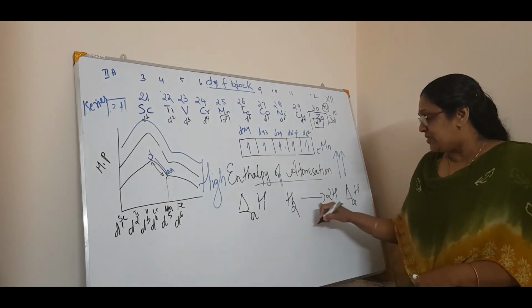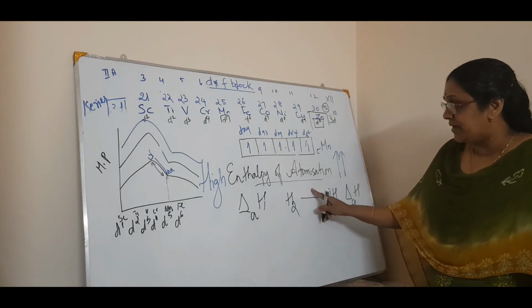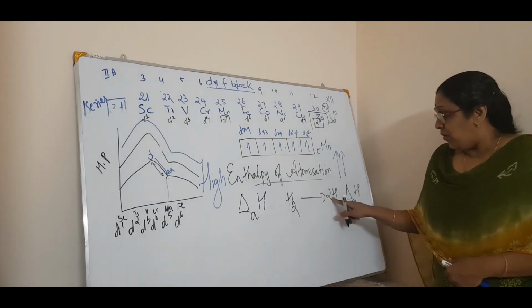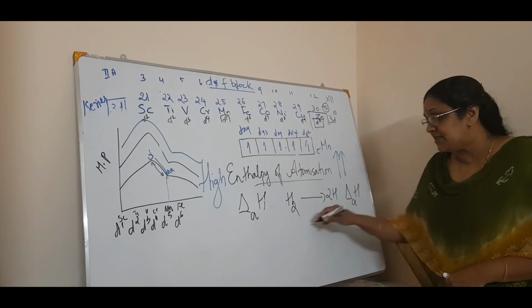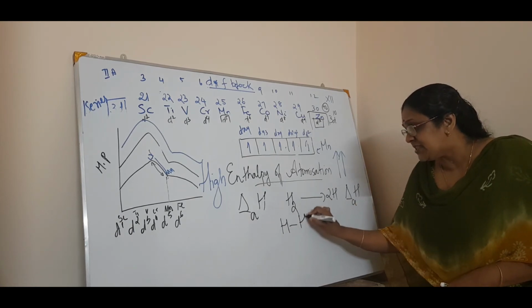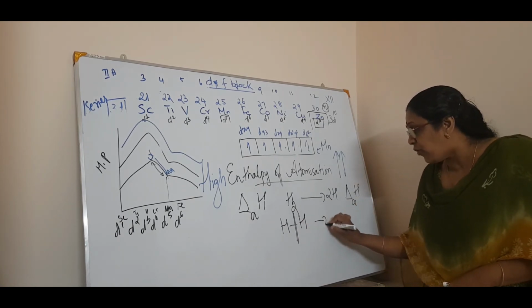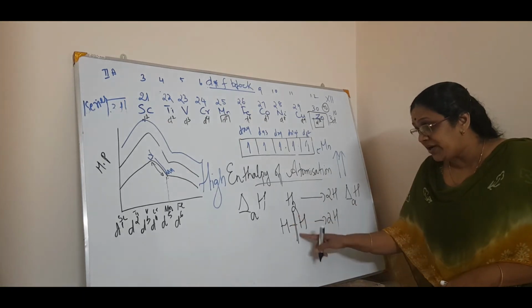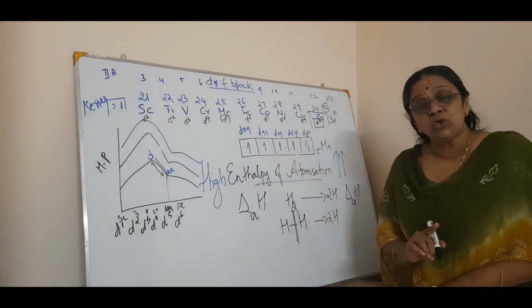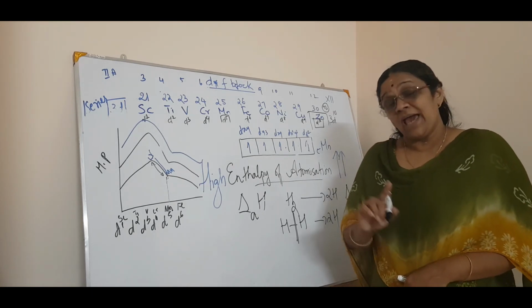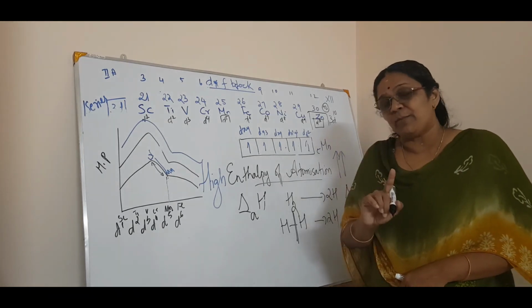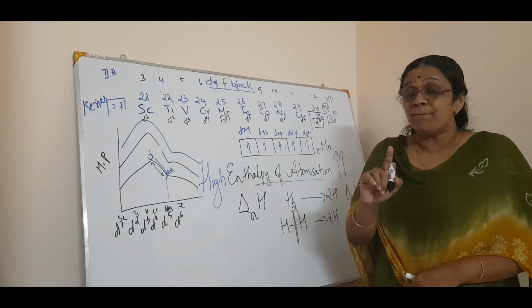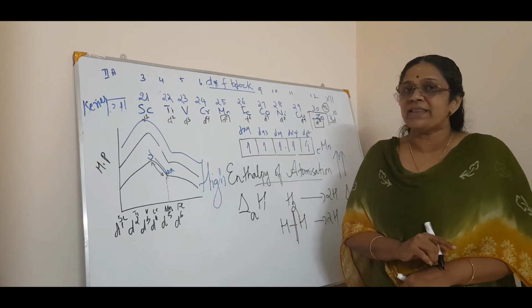Now, there is one more thing lying inside this. What is actually happening? The molecule's bond is breaking and it is forming 2 atoms. So, can we call this enthalpy of atomization the bond dissociation enthalpy or bond enthalpy?